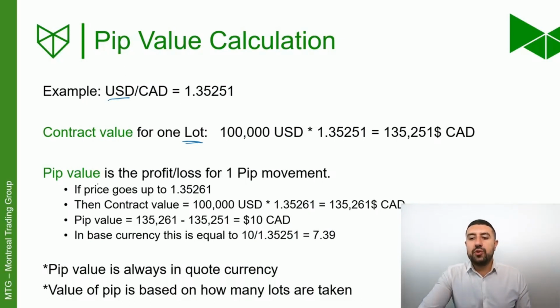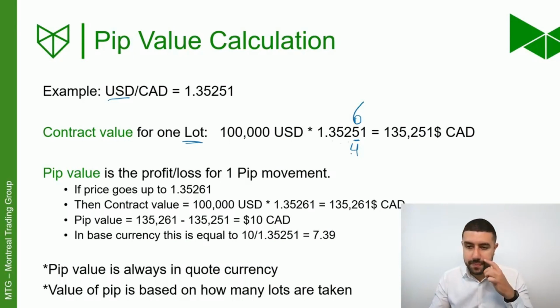Now, the pip value is the profit that you're going to make for each one pip movement. So what's one pip? We know that a pip is 1, 2, 3, 4 decimal places after the zero, so it's 1 here, right? So that's a 1 pip movement. So we want to know what happens if the price goes to 6 here instead of 5. So instead of having 5, it goes to 6, or it goes down to 4.